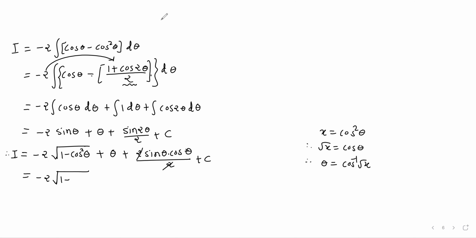Under root 1 minus cos square theta x plus theta cos inverse root x plus sin theta. Again sin theta है under root 1 minus cos square. ये आपने आगे किया है. So we can write it here directly, under root 1 minus x. Again cos theta, root x plus c. Now this one is your final answer.